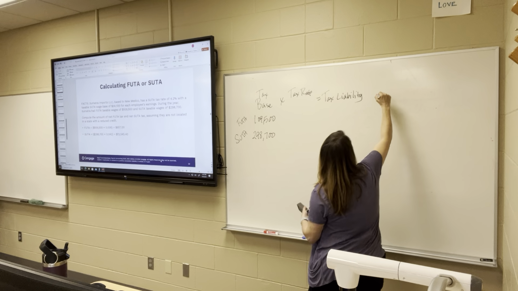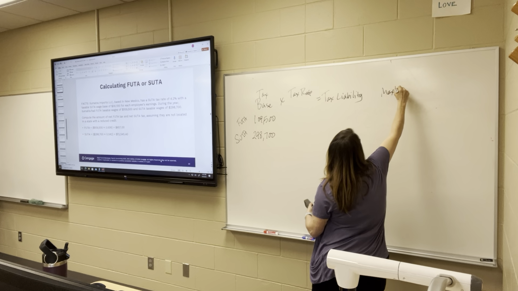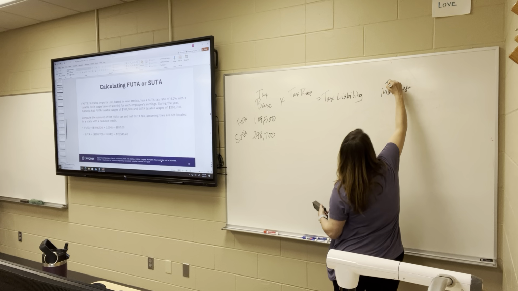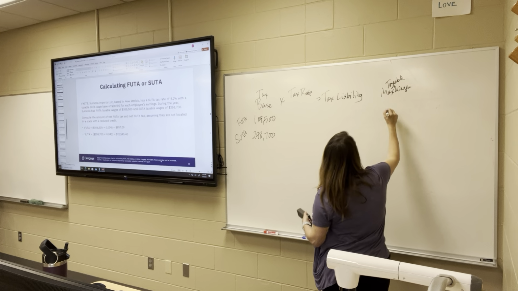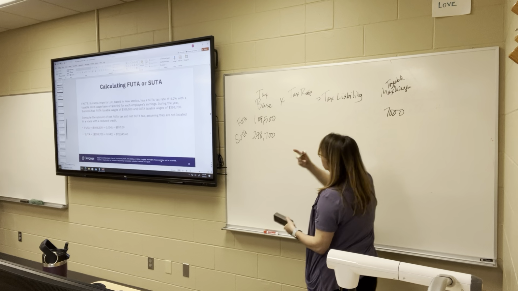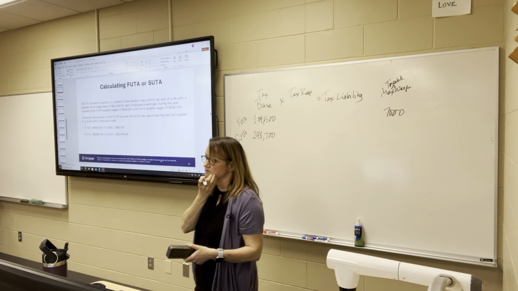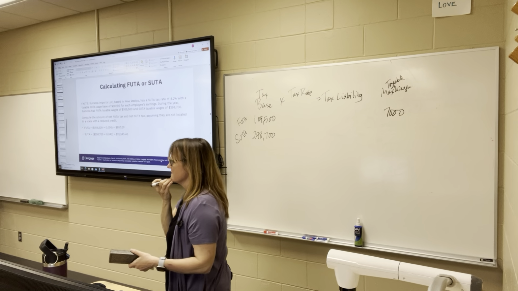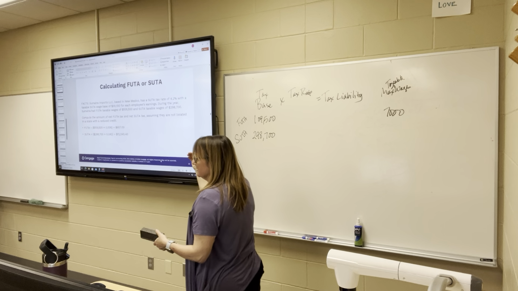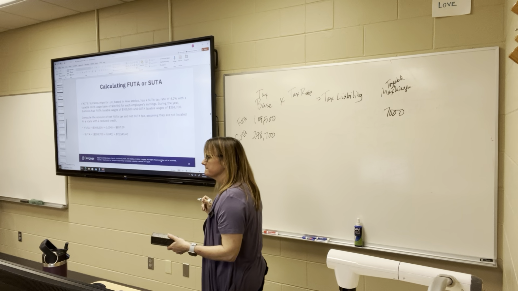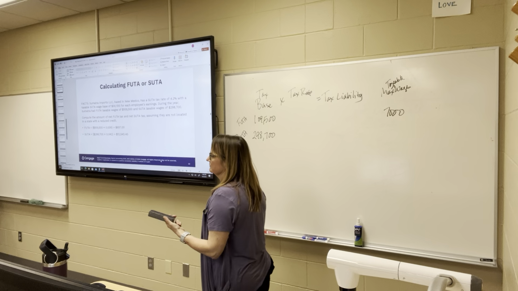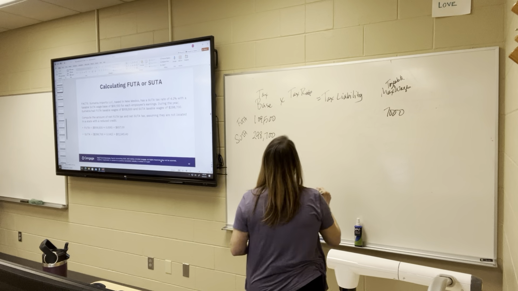So here's our max taxable wages for FUTA, 7,000. What have they told us are the maximum taxable wages for SUTA? In this case, it's in the problem. Yeah, 30,100.